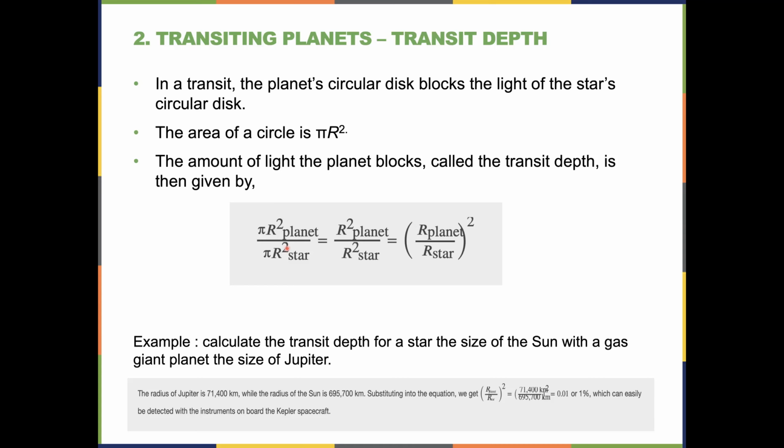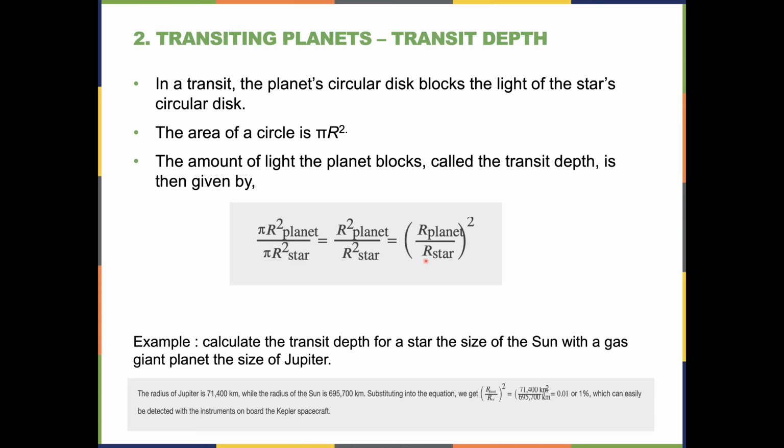What you need to do to find the transit depth is, you just find the circular area of the planet, because you just do it for one plane. Planets are approximately spherical, but here you only need the circular area, and then the circular area of the star, right? So you divide those two, and basically pi cancels out, and it will be the radius squared of the planet over the radius squared of the star, right?